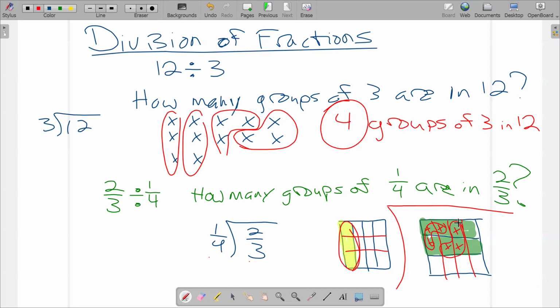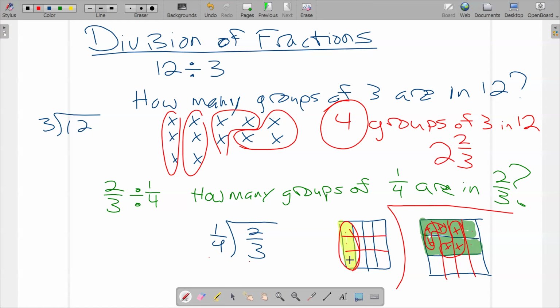Ooh, do I have another whole group of 3? No. What part of a group of three do I have? 2 out of 3. So it looks like the answer here is 2, and then 2/3 of a fourth, because I have 1, 2 out of the 1, 2, 3 pieces I wanted.